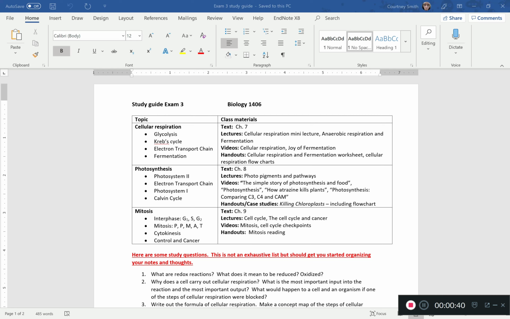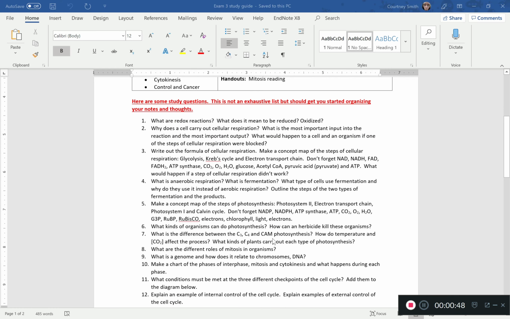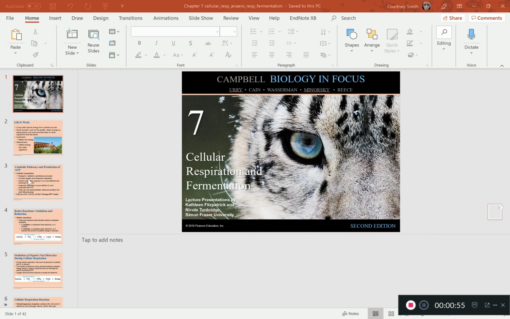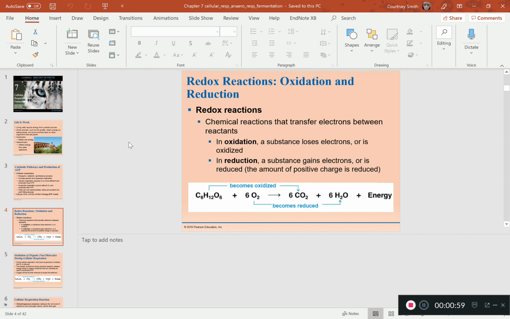I'm just going to work through the exam like I've been doing in the past. So the first question says, what is a redox reaction? What does it mean to be reduced and oxidized? That can be found in our chapter 7, slide 4. A redox reaction is a chemical reaction where electrons are being transferred.